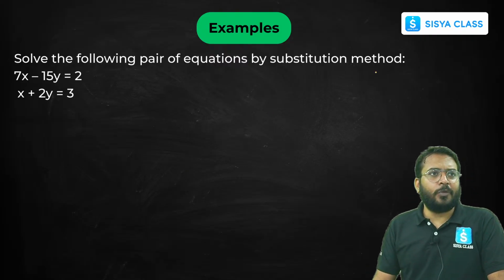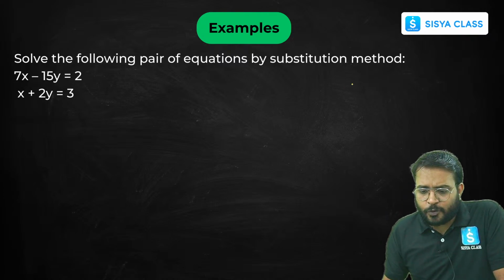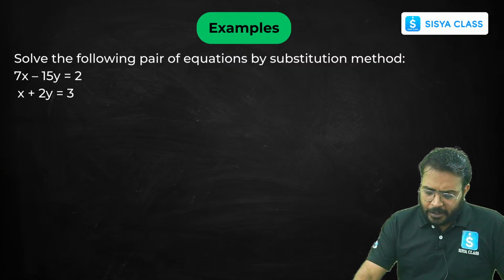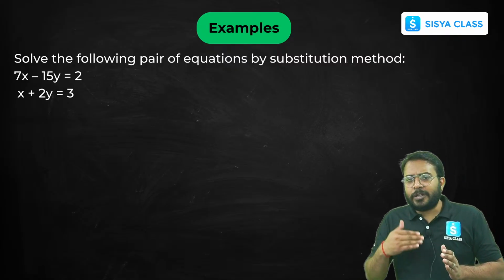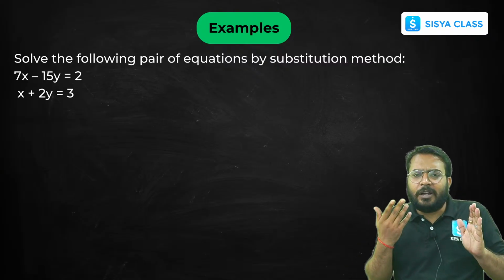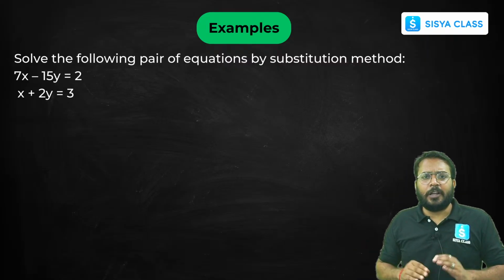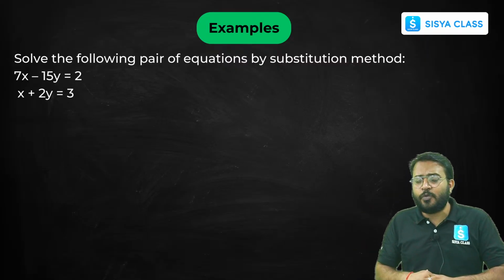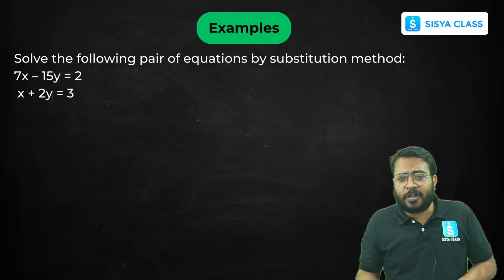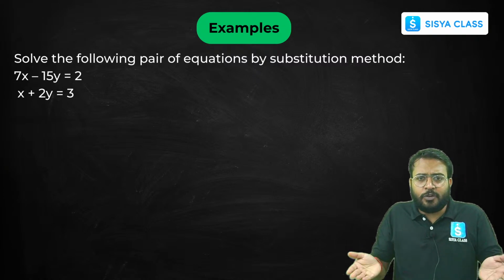Now look here. Solve the following pair of equations by the substitution method. One more thing you need to keep in mind. When the question is asked, two equations are given and they ask you just to find the value of the variables without mentioning any particular method, then you can go with either method: the substitution method or the elimination method, whichever you are comfortable with or feel is easy.